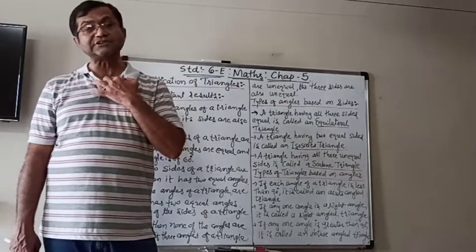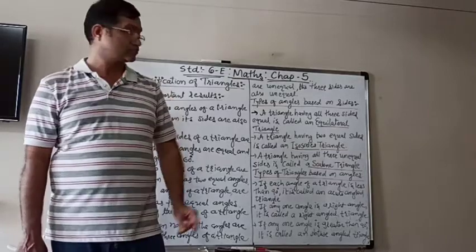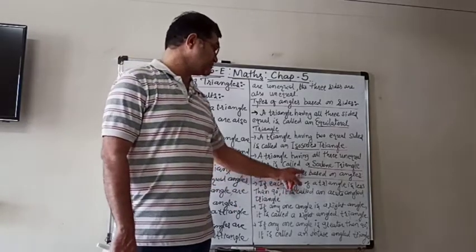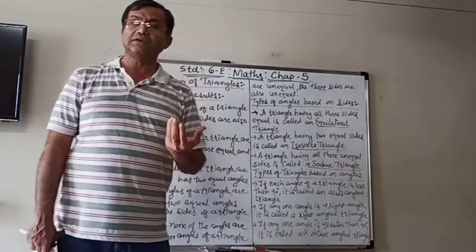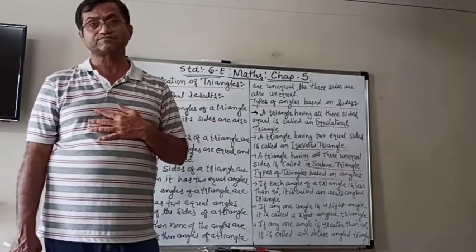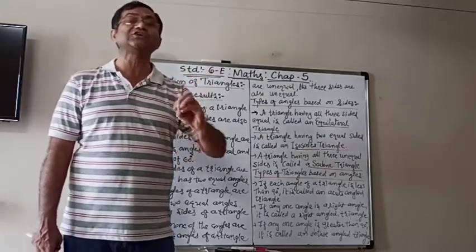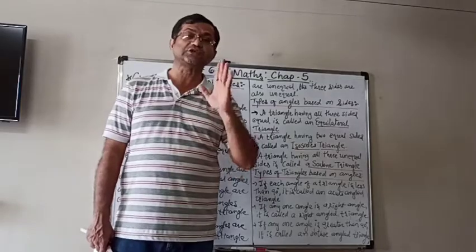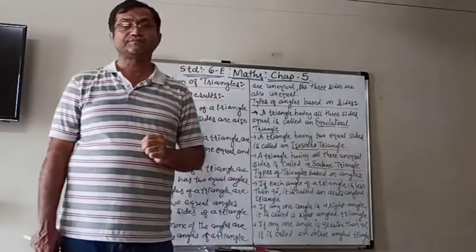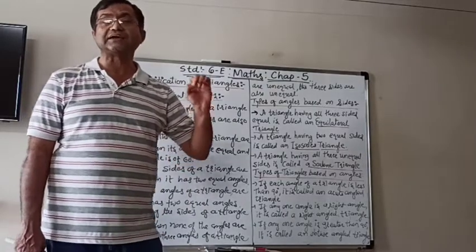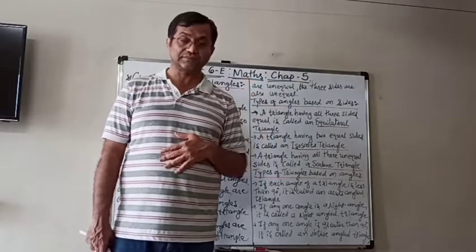Now, on the basis of the angles also the triangles are classified. So now, types of triangles based on angles. If all three angles of a triangle are less than 90 degrees, meaning all are acute angles, then that triangle is known as an acute angled triangle.